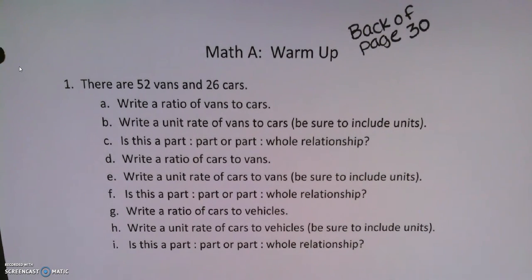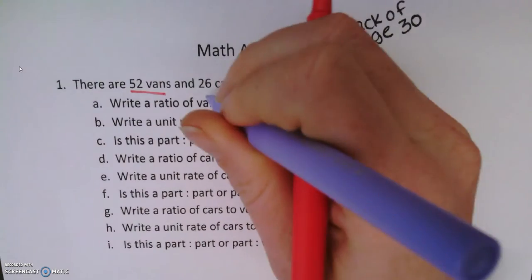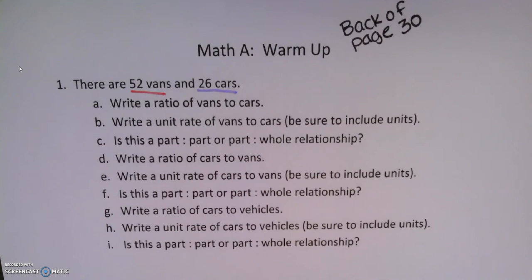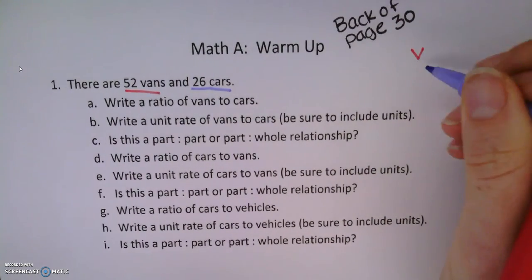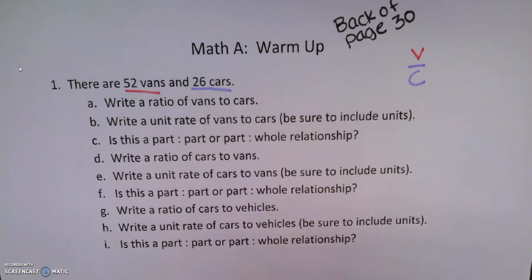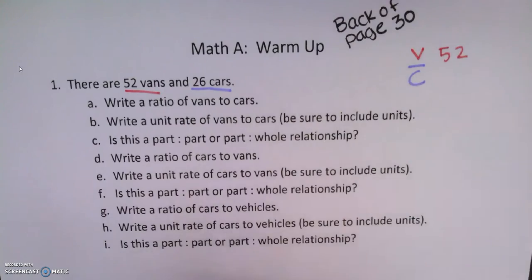Okay, so let's take a look at our answers. The ratio of vans to cars. Well, we know there's 52 vans, and there's 26 cars. And when I look at ratios of vans to cars, I'm going to be looking at V over C, and I always want to simplify these ratios. So those are 52 vans to 26 cars.